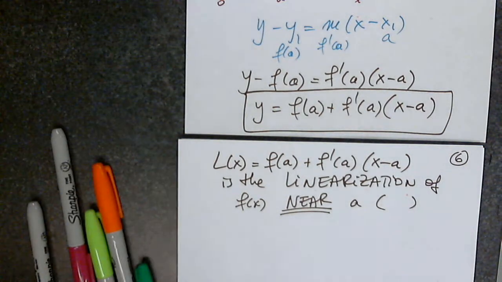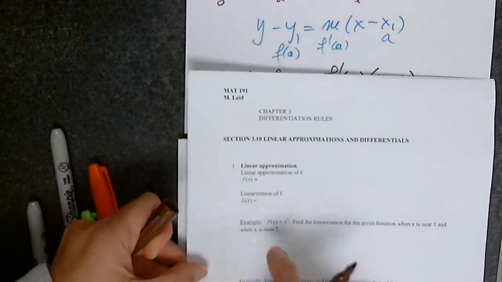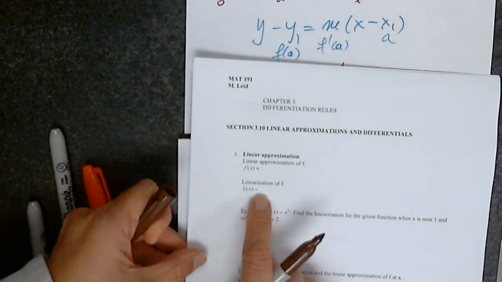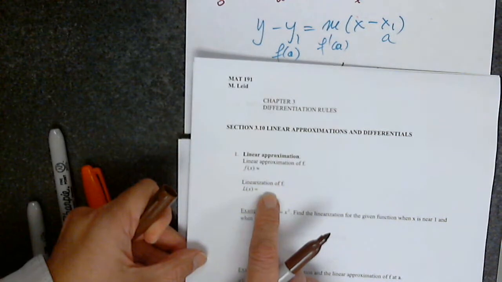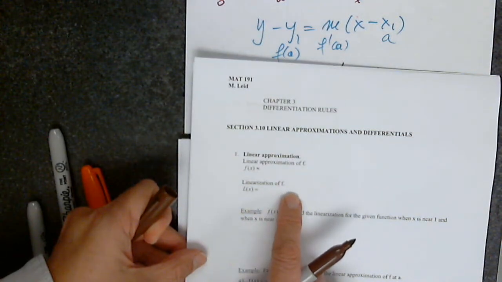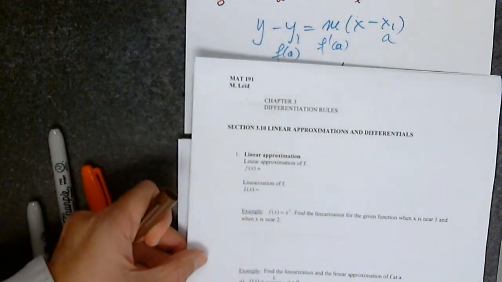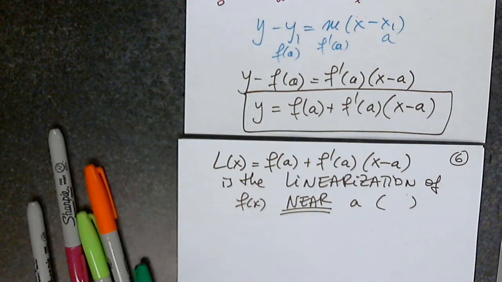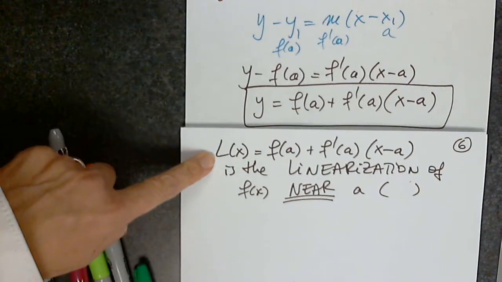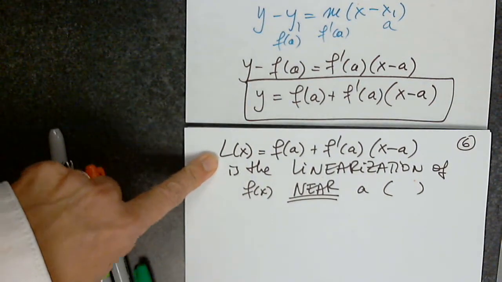So coming back to our handout, the linearization, if you want to fill it in, is f of a plus f prime of a times x minus a. Why?